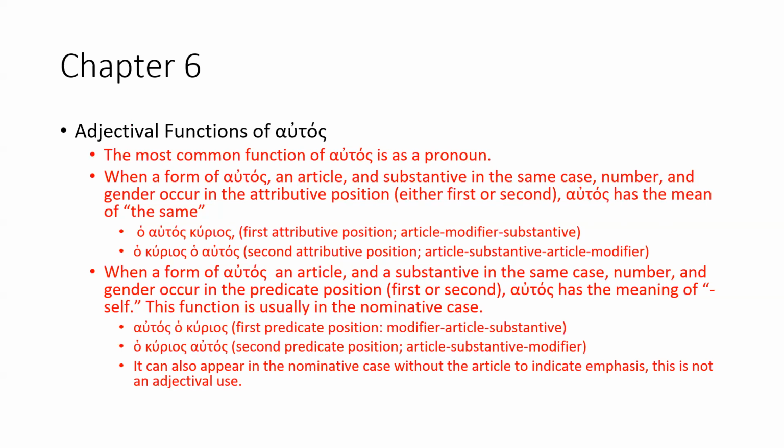Adjectival functions of autos. The most common function of autos is as a pronoun. When a form of autos, an article and a substantive in the same case, number and gender occur in the attributive position, either first or second, autos has the meaning of the same. So ho autos kurios, first attributive position, and then it's in the article modifier substantive placement and means the same Lord.